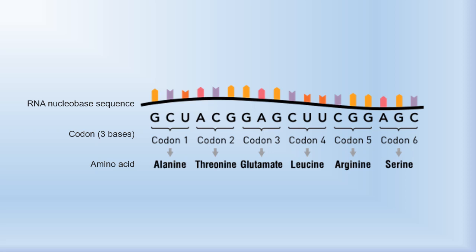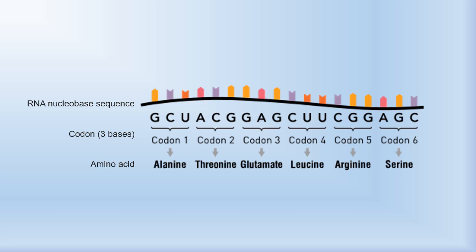This codon, GCU, is specific to the amino acid alanine. Codon 2, formed of adenine, cytosine, and guanine, ACG, is specific for the amino acid threonine. The codons code for those specific amino acids.